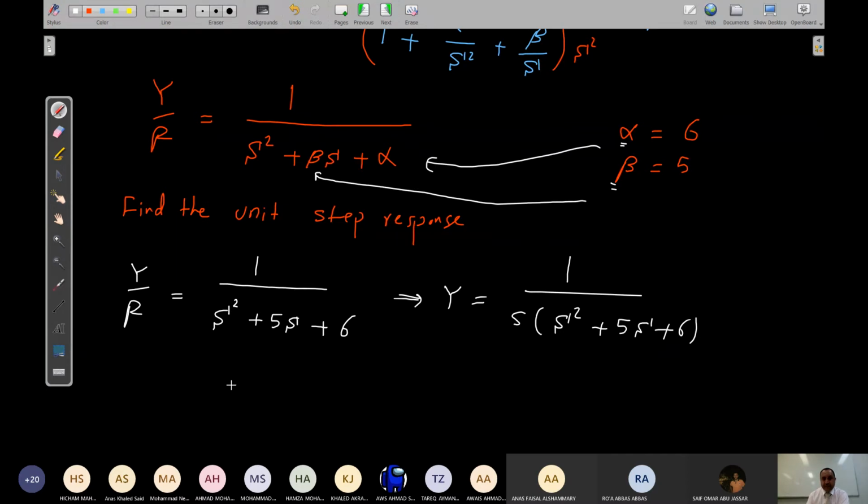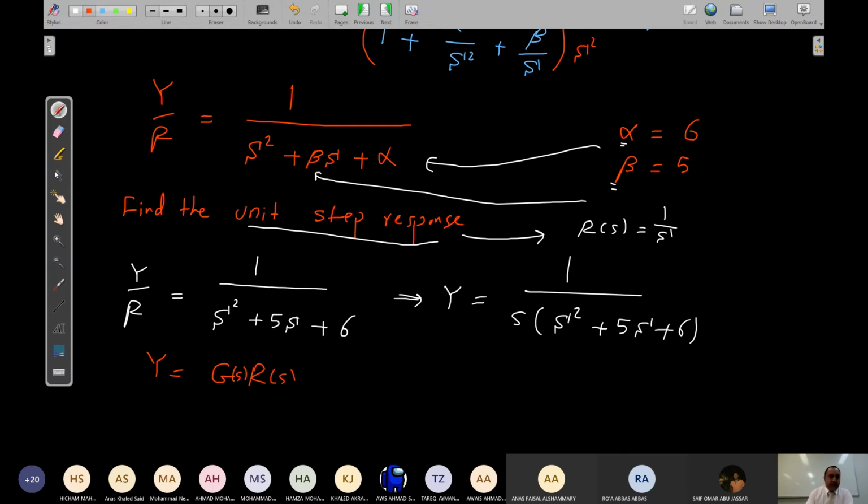Correct? Yes. Why? Because I'm assuming that the input is 1 over s, a unit step. This means that R of s is equal to 1 over s. And we know that Y is equal to G multiplied by R, G of s multiplied by R of s.